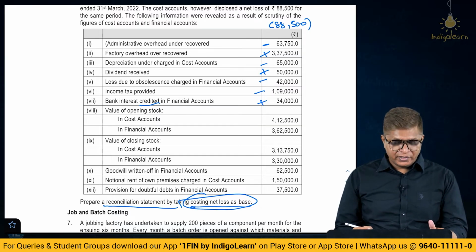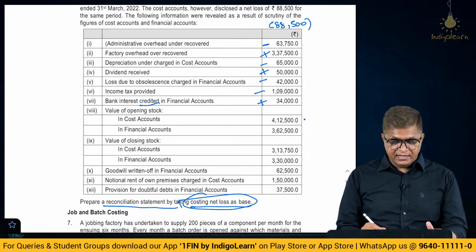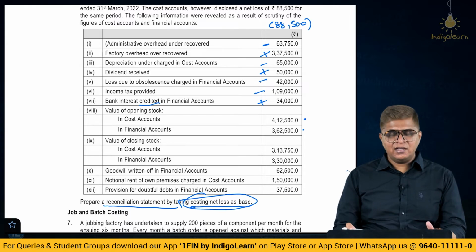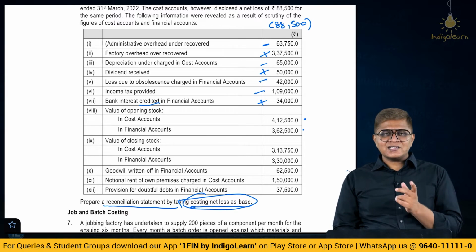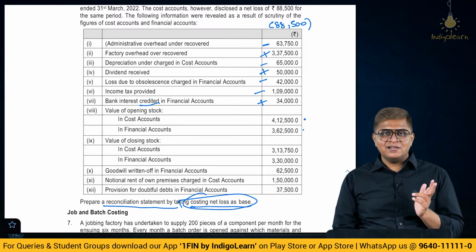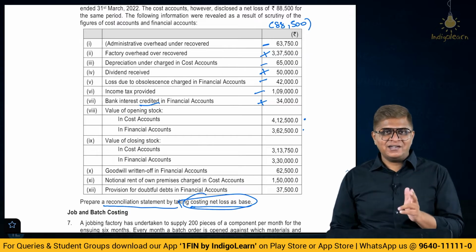Value of opening stock. Now in cost accounts, the opening stock was at 4,12,500 and in financial accounts it is 3,62,500. Let's understand. See, opening stock comes on the debit side of P&L or the credit side of P&L? It comes on the debit side of the P&L. That means it is of an expenditure nature.